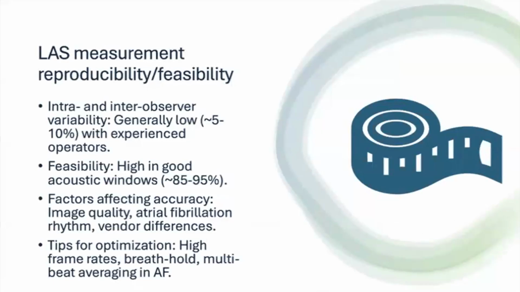Feasibility is close to 90%, but factors that can get in the way are not unfamiliar from what we deal with in echo and diastology: image quality, atrial fibrillation or other rhythms, and vendor differences can also have impacts on strain for the same patient.